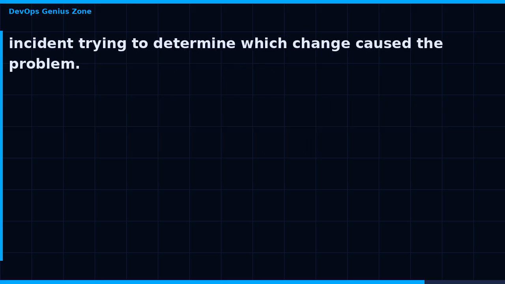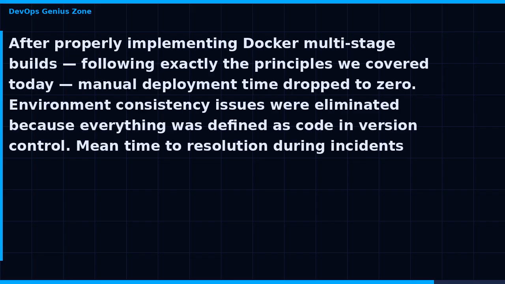After properly implementing Docker multi-stage builds, following exactly the principles we covered today, manual deployment time dropped to 0. Environment consistency issues were eliminated because everything was defined as code in version control. Mean time to resolution during incidents dropped by 65% because every change was tracked, auditable, and instantly reversible.